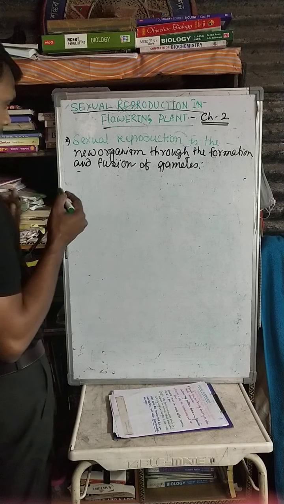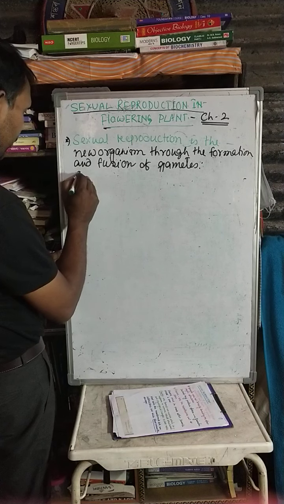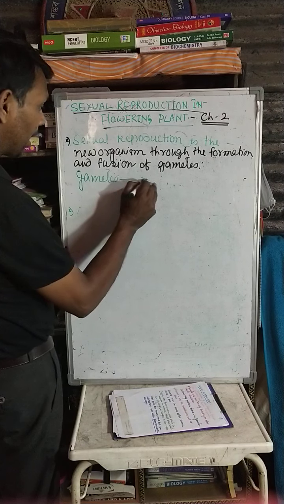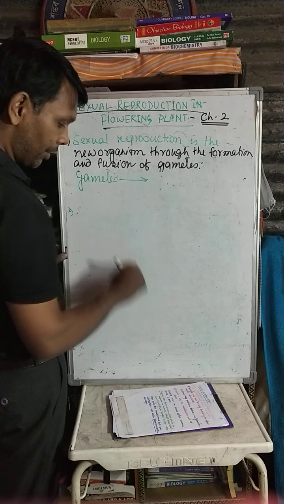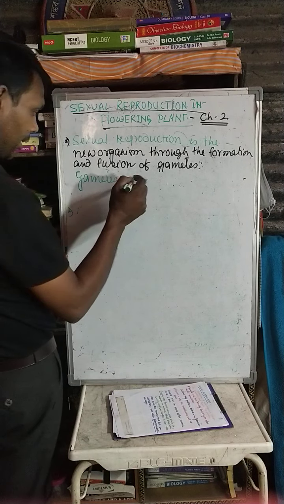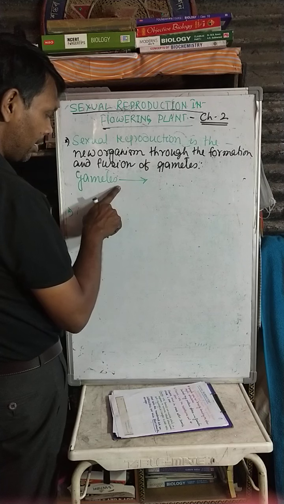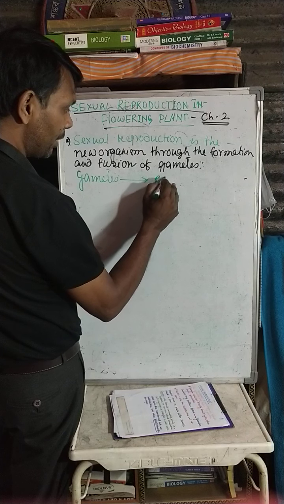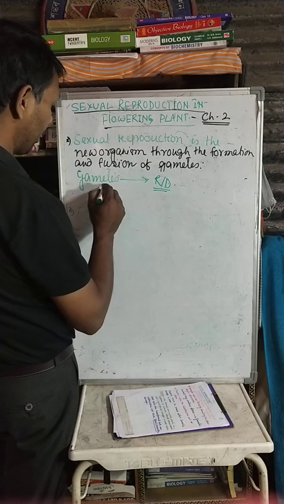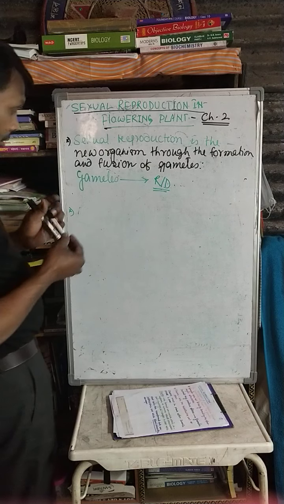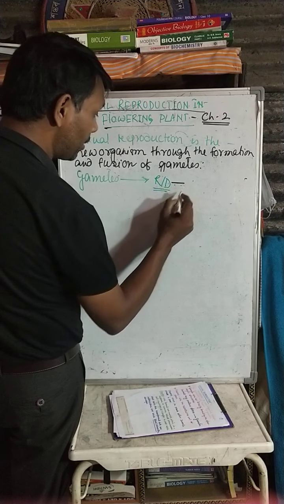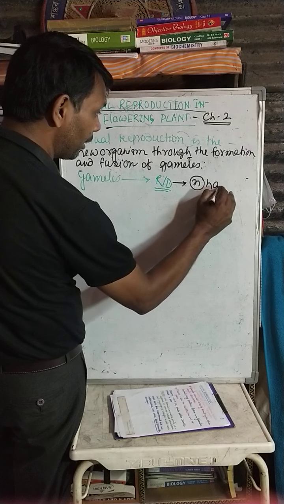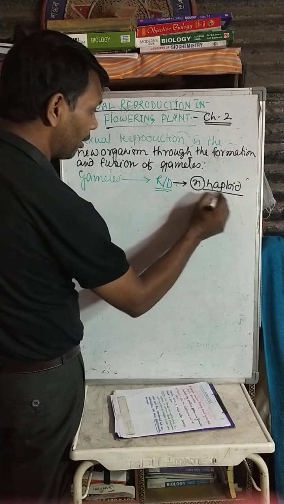These gametes are not directly formed. Gametes are not directly formed from sporophytic body, but instead they are formed from spores by reduction division. Gametes always contain n or haploid number of chromosomes.